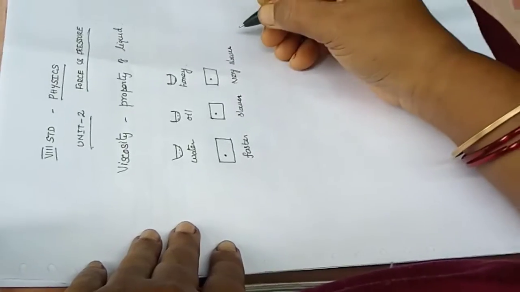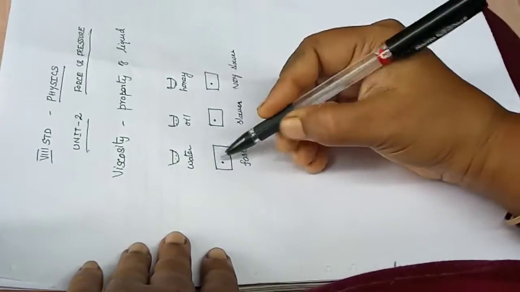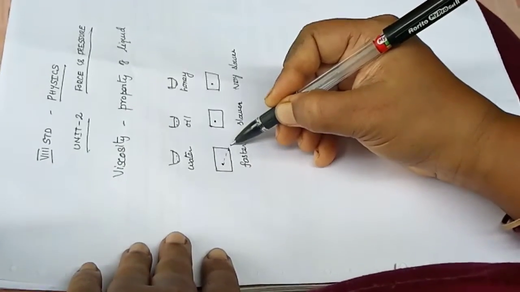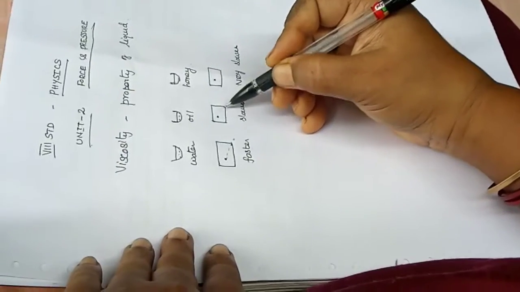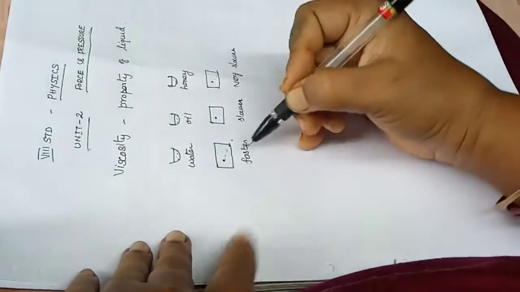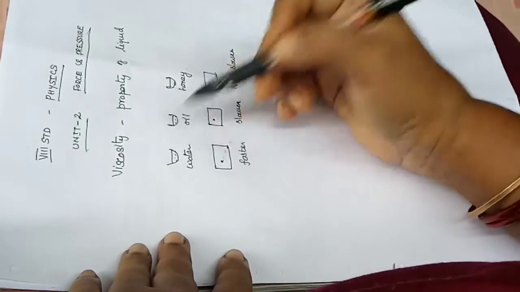So what do you understand from this? All are liquids, but water flows down very quickly, oil takes time, and honey takes more time. This is the property of liquids that we call viscosity.